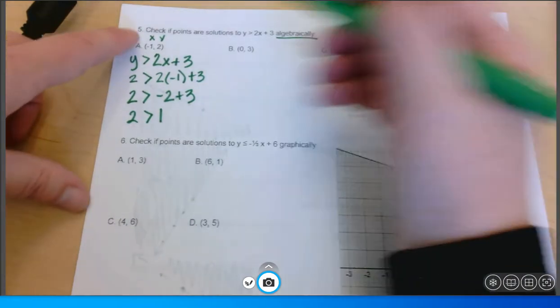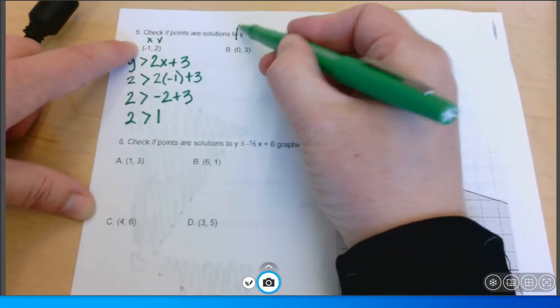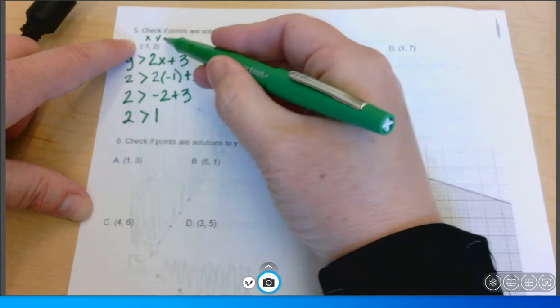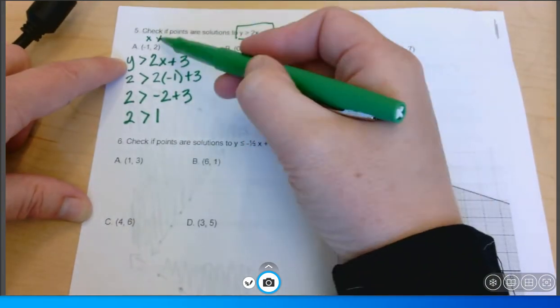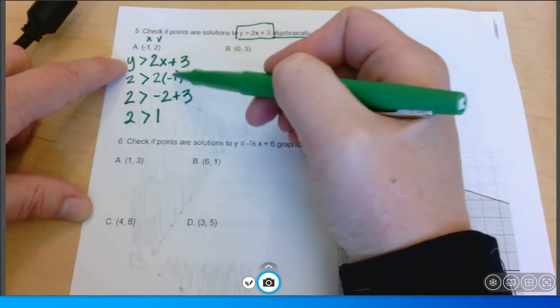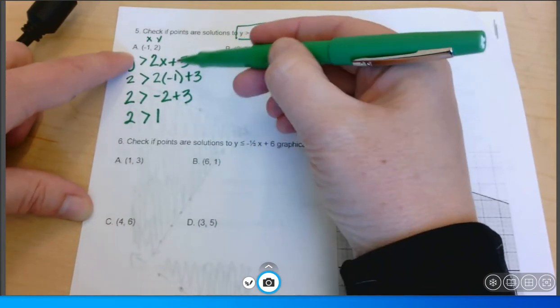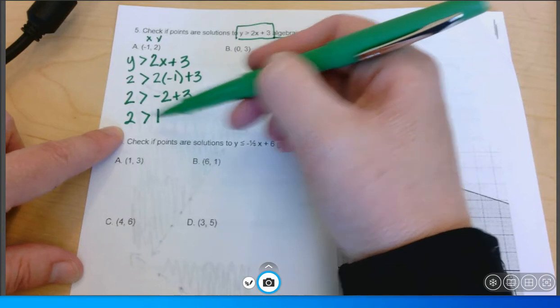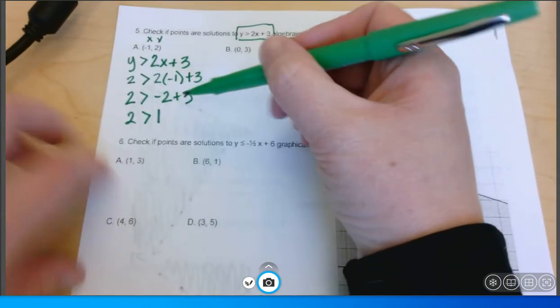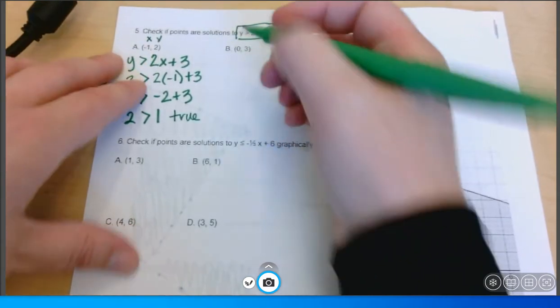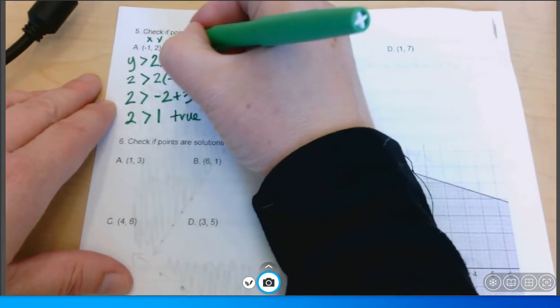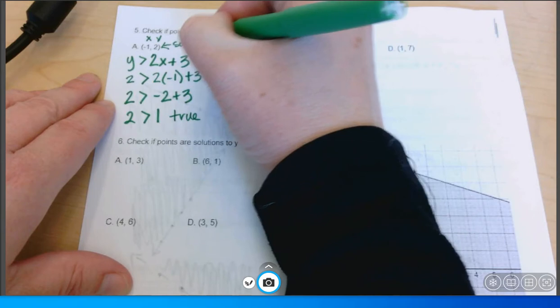So what I did was I substituted the numbers into this inequality for x and y. So I started by writing the inequality. I put 2 for the y and -1 for the x. And I'm checking to see if it makes a true statement. 2 is greater than 1, which is true. That means that -1, 2 is a solution. It's a solution because it makes a true statement.